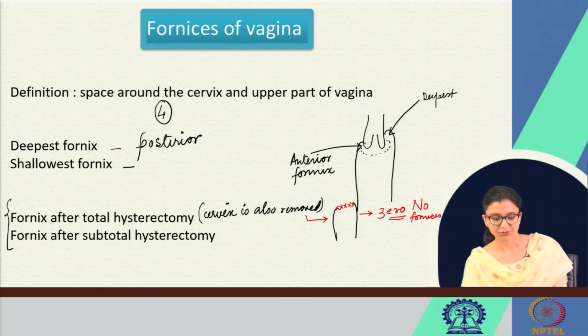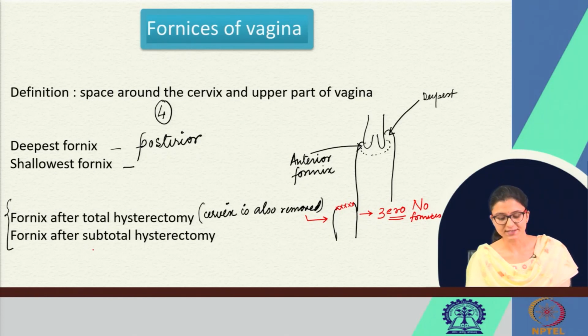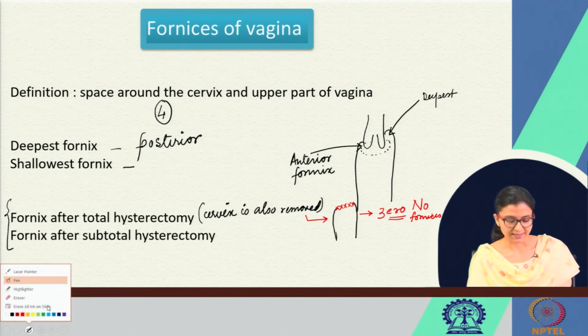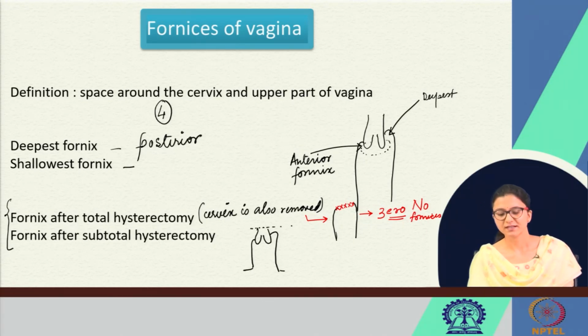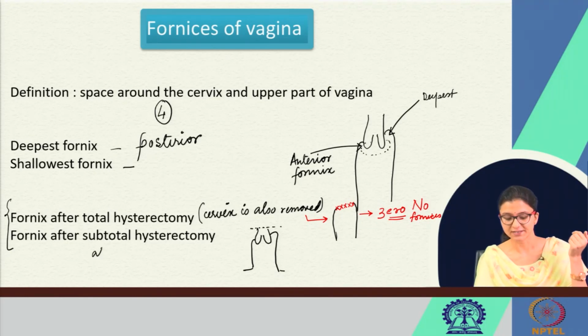But in case of subtotal hysterectomy, what is subtotal hysterectomy? That is, the cervix is present. From here, the uterus has been removed. Where is it done? It is done in case of atonic PPH.